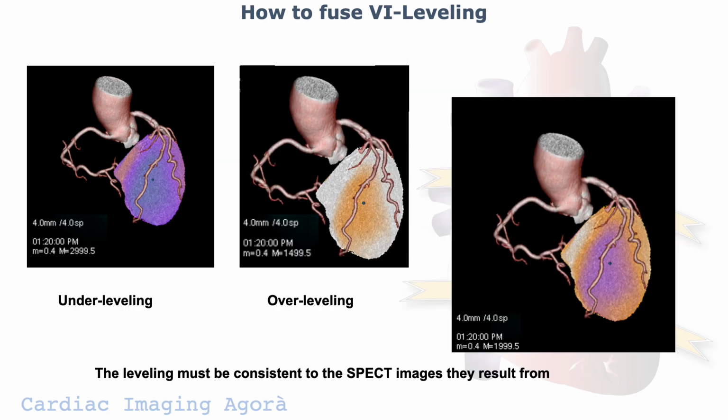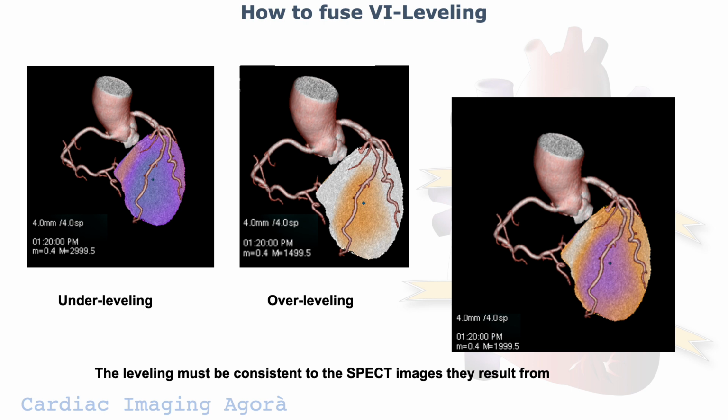The next step is to adjust the leveling of your images. The leveling must always be consistent with the SPECT images that your hybrid image results from. You can see here two examples of under-leveling and over-leveling.